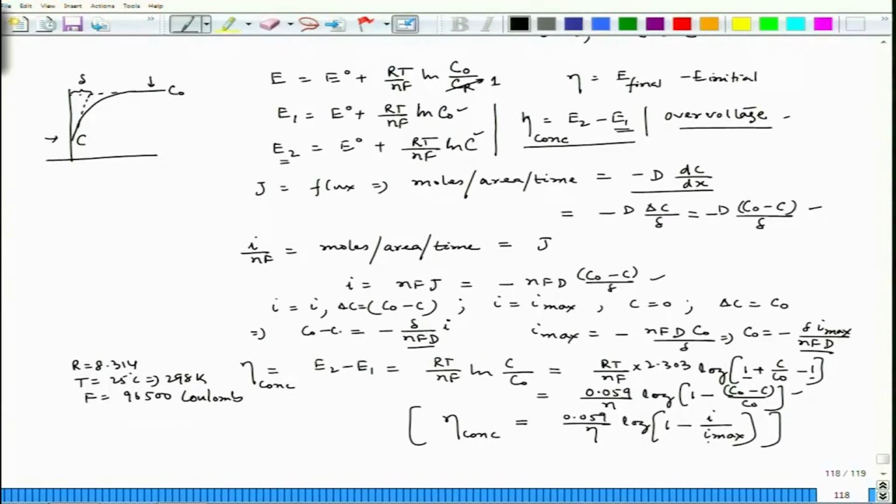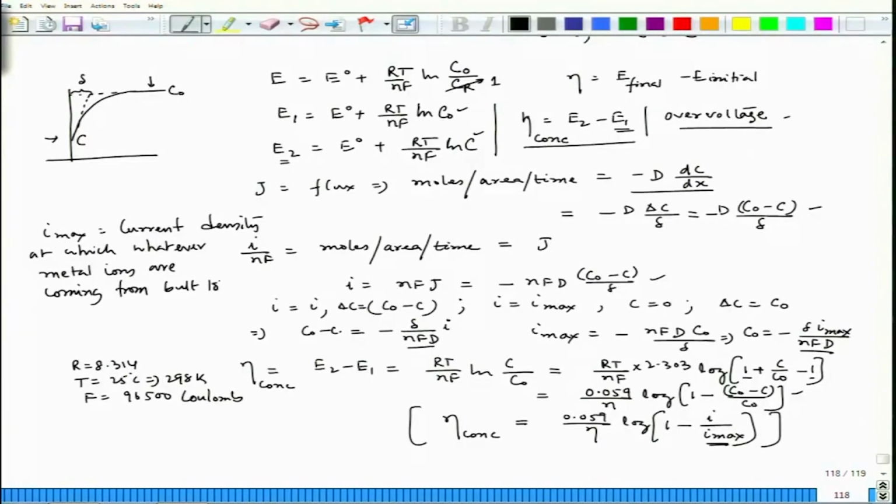And as we have said, what is I max? I max is basically the current density at which whatever metal ions are coming from bulk to the interface are getting reduced.